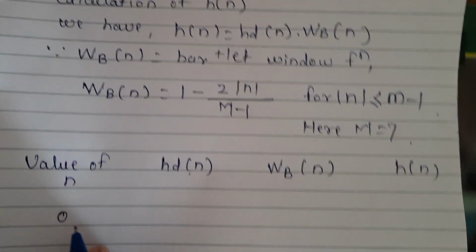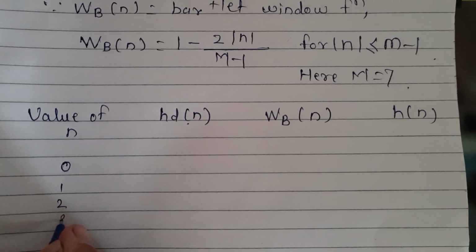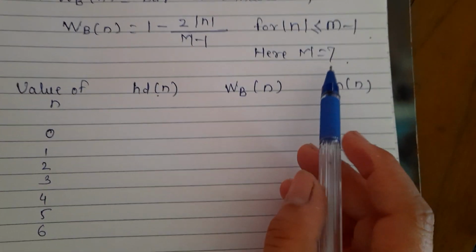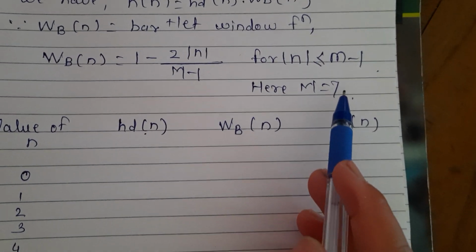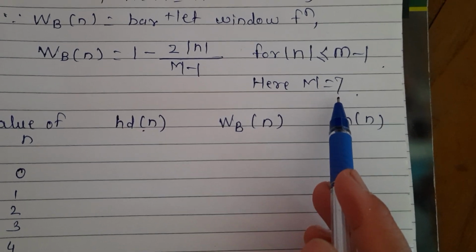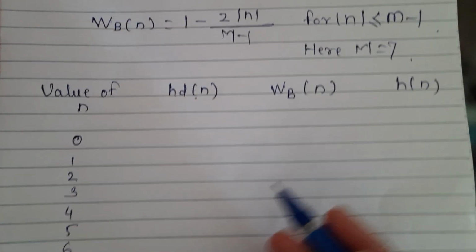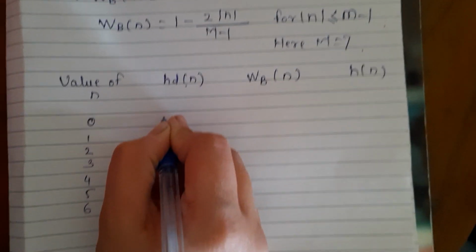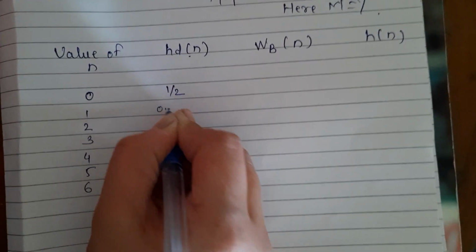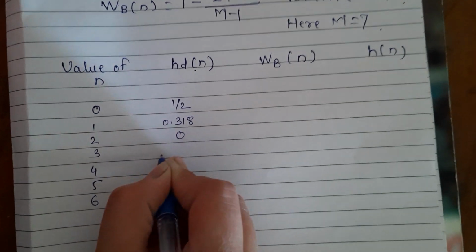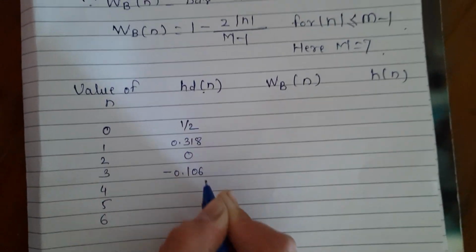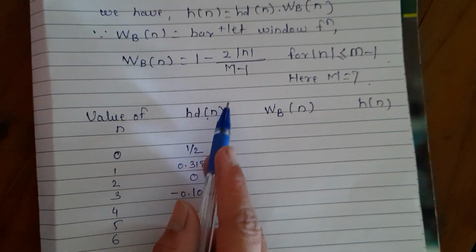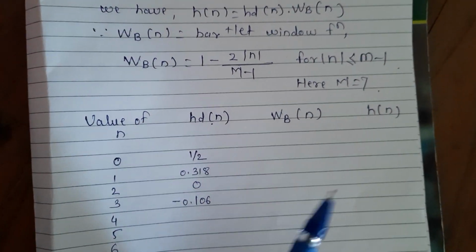Now values of n are 0, 1, 2, 3, 4, 5, 6, because n goes up to m minus 1, that is up to 6 only. Here I directly write the answers. It is 1 by 2, 0.3180, minus 0.106. Just substitute these 0, 1, 2, 3, 4, 5, 6 values in the equations of hd of n and wb of n.